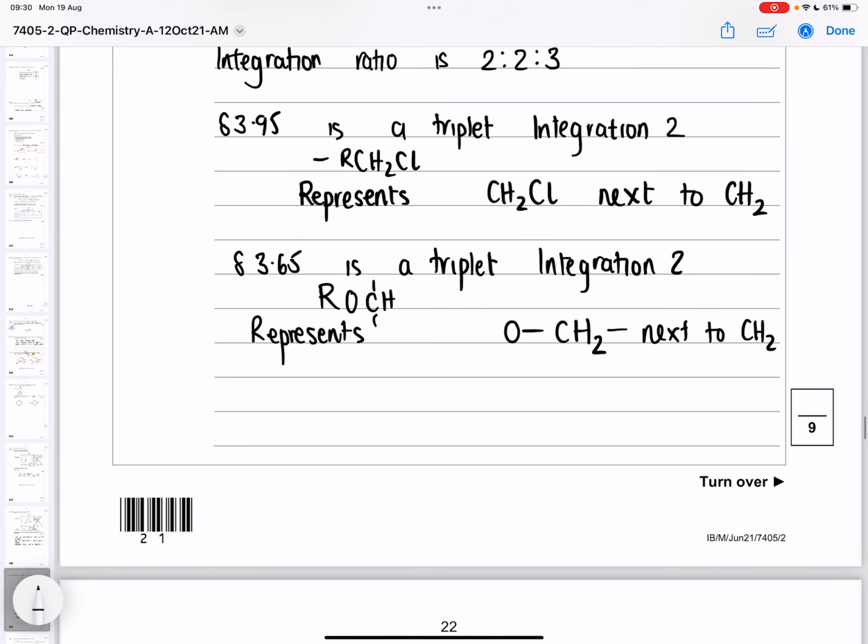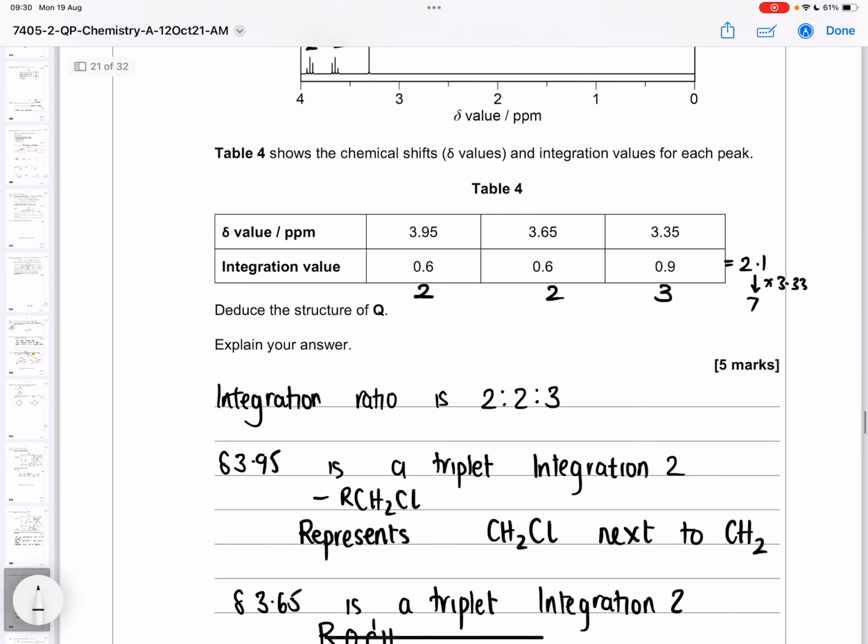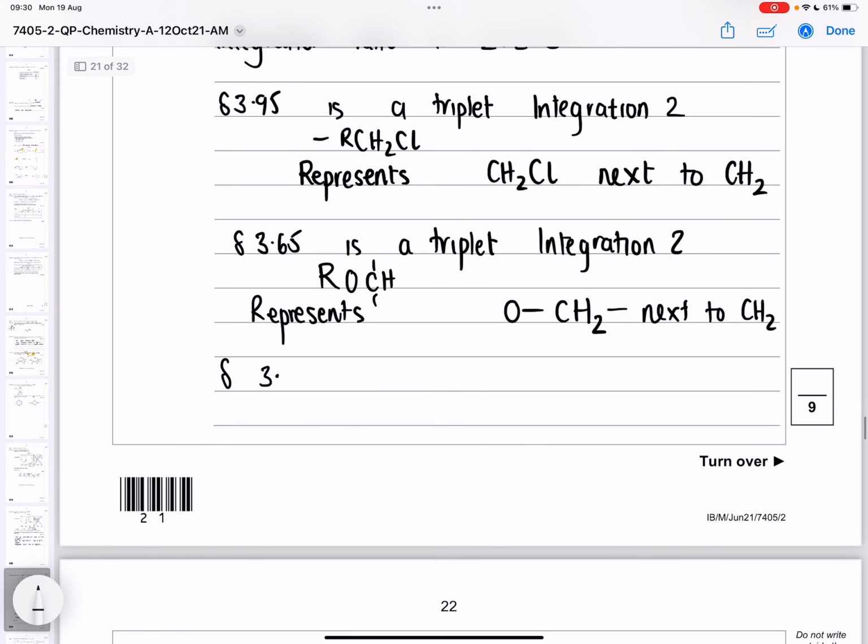And then the delta 3.35 is another one similar.